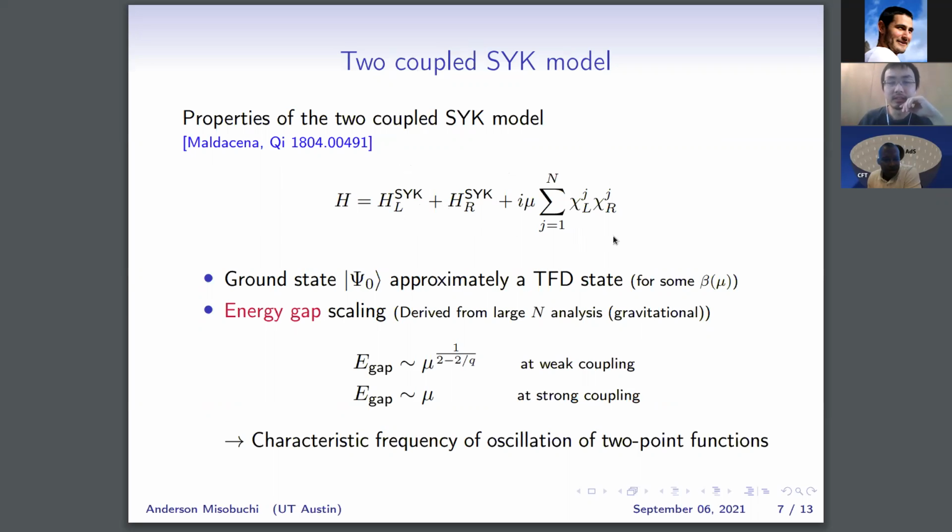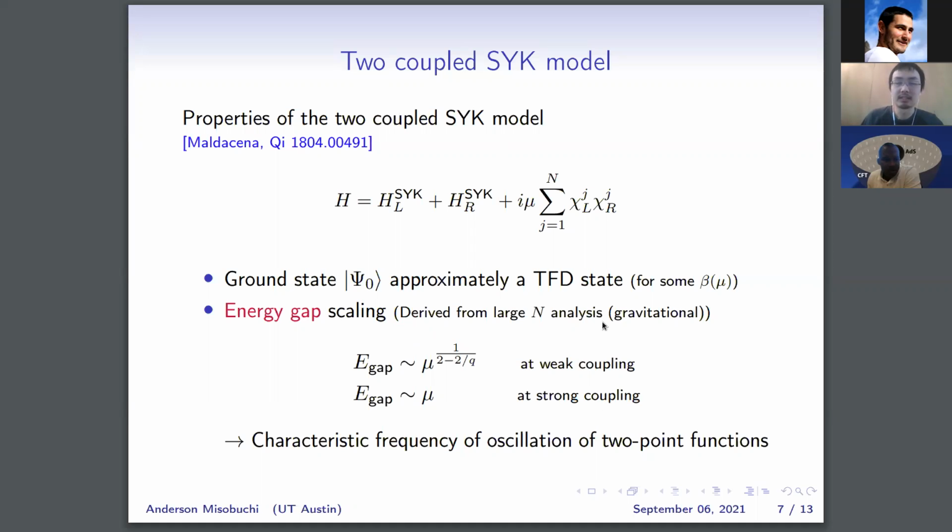We add this interaction between them with some coupling mu. This model is known to have a ground state that's close to a thermofield double for some temperature that depends on the coupling. What is going to be more important for this discussion is that it has an energy gap above this ground state.